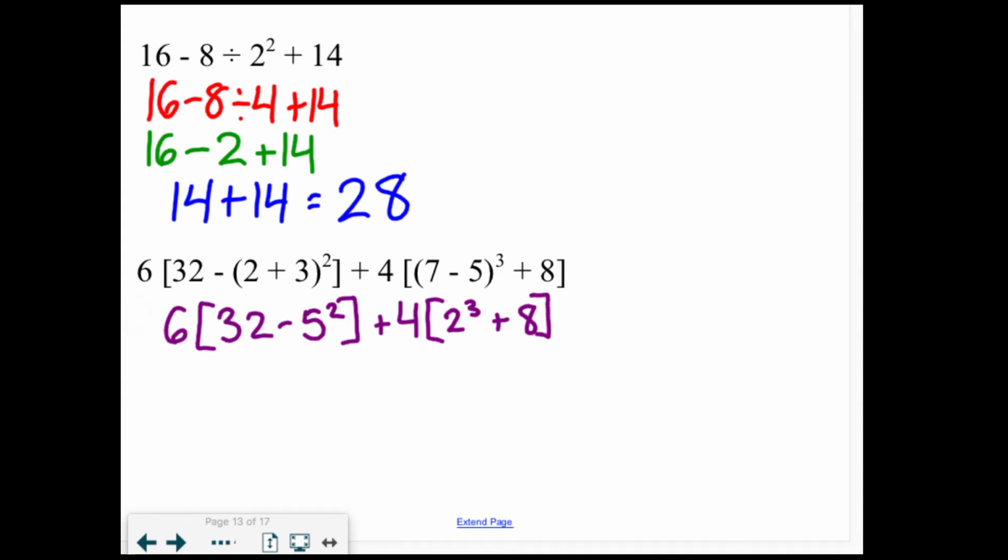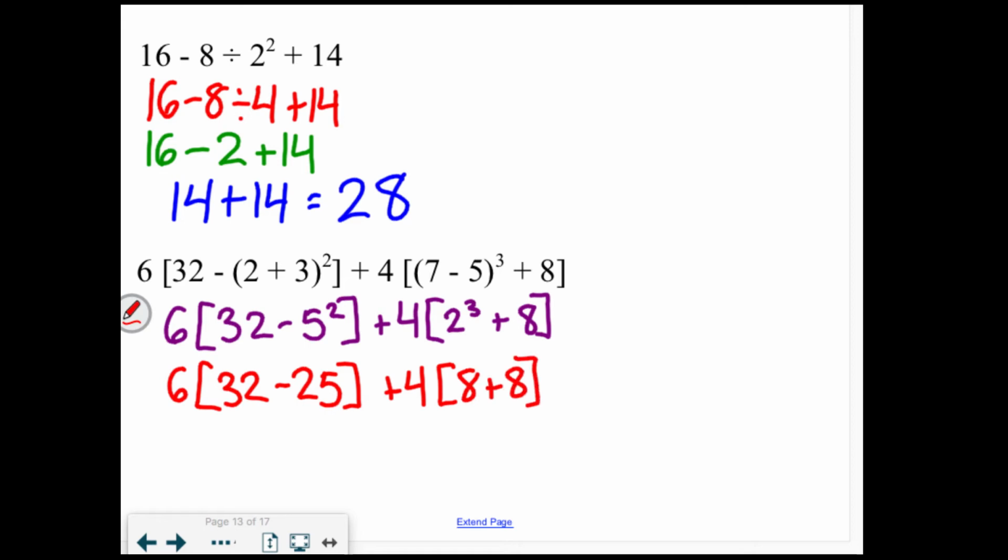Now that we've simplified those parentheses inside the brackets, you're going to go through and solve the brackets. So we got 6 and inside the bracket it becomes 32 minus 25 plus 4 times 8 plus 8. Still simplifying inside the brackets, I get 6 times 7 plus 4 times 16.